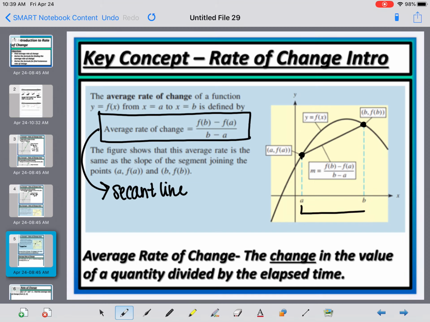It's going from A to B, over a period of time here. And we said in our warm-up, when we wrote out in our own words what average means, that average should have been over a period of time. It involves 2 points. So average rate of change is the same thing as the slope of the secant line.